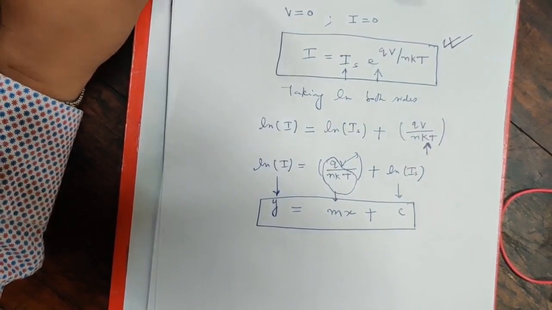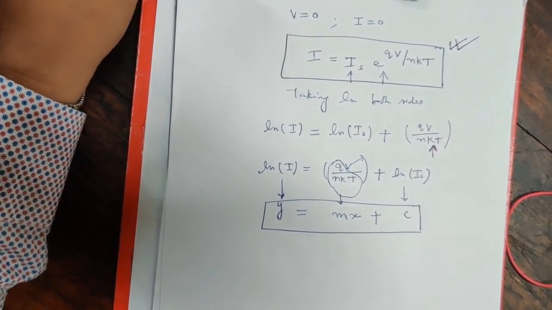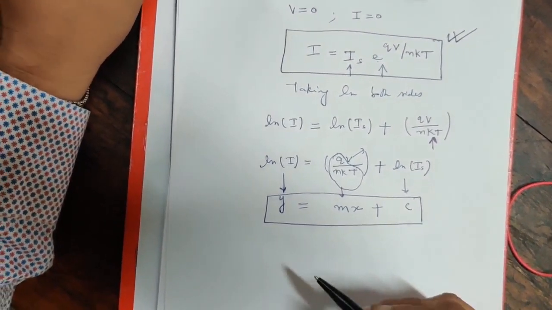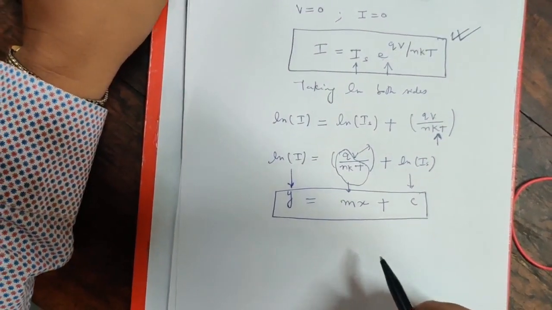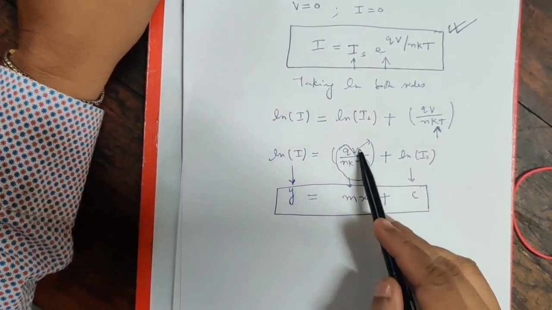Alright, so we can plot the graph between log I and voltage, which I am representing by V here.